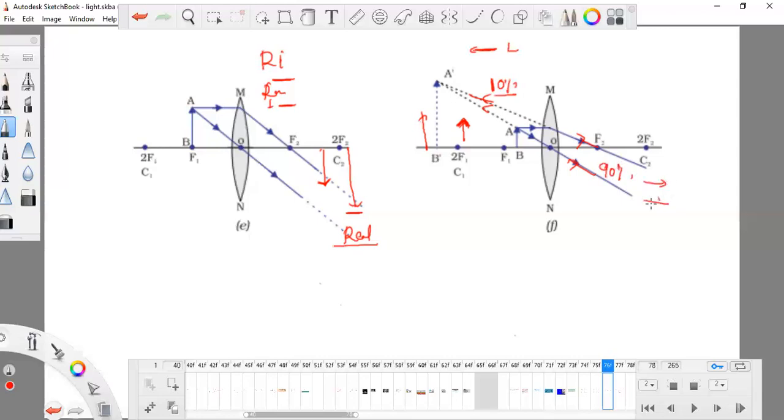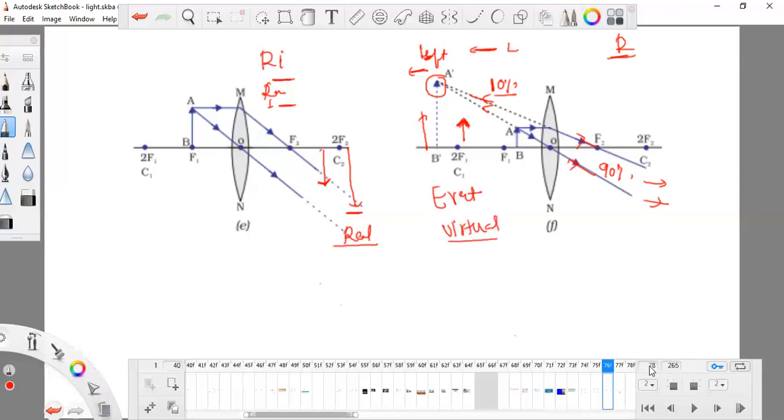So this is the formation, and it is forming at the left side. Obviously this is right side and this is left side, so it is definitely forming here. So for lenses, the left side image is erect and virtual.